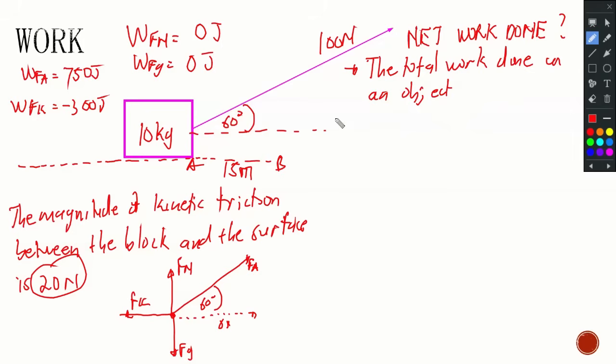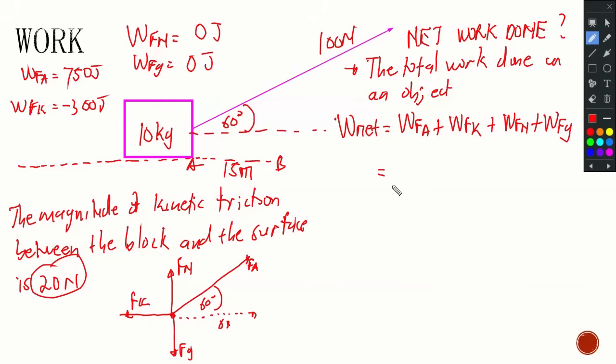So that means if you want the net work done, you will say W net and quote all the forces that will be doing work on that object. So it is the work done by the force applied, work done by frictional force, work done by the normal force, work done by the gravitational force. You have to add all of them, right? So remember, net means the sum, the total.